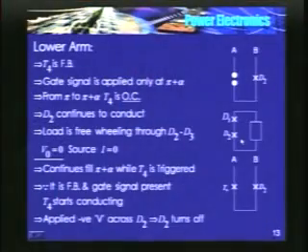What happens at omega t equal to pi plus alpha? T4 was forward biased from omega t equal to pi, so at pi plus alpha it is triggered and starts conducting. The moment it starts conducting, potential of A becomes the anode potential of D2.